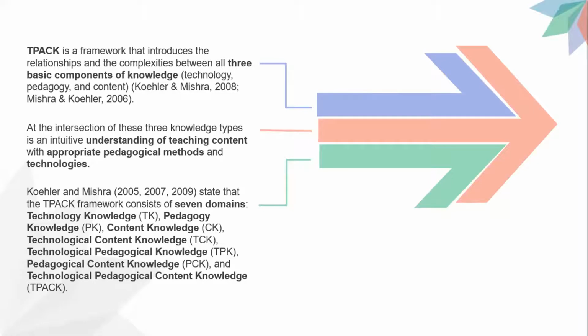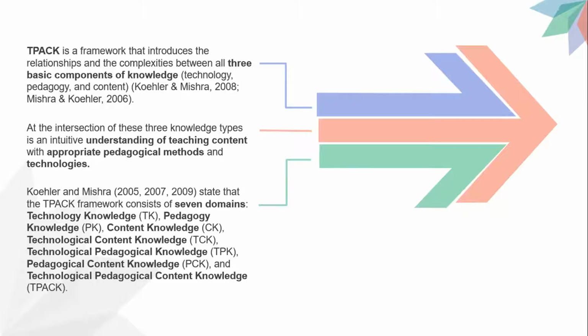So TPAC is actually the intersection of the three knowledge types: the technology, the pedagogy, and content knowledge. Koehler and Mishra proposed that the intersection of those three competences is an intuitive understanding of teaching content with appropriate pedagogical methods and technology. And then from the intersection of those three basic components of knowledge that must be gained by teachers, there are 7 domains of TPAC, proposed by Koehler and Mishra, which is also used as the underlying theoretical framework in this research.